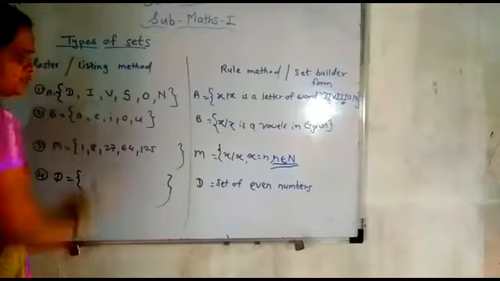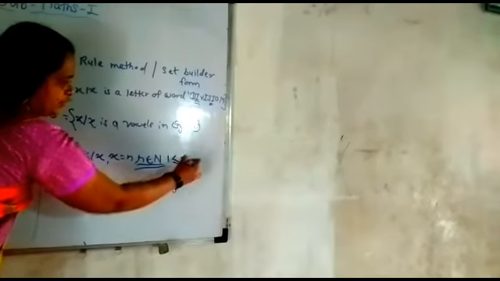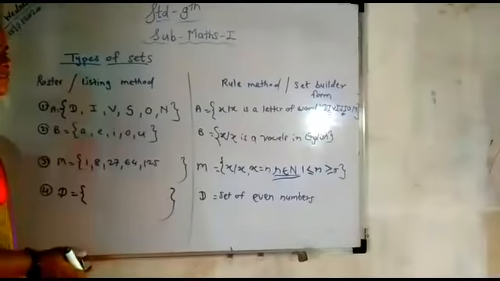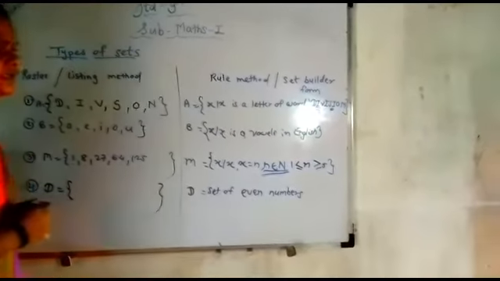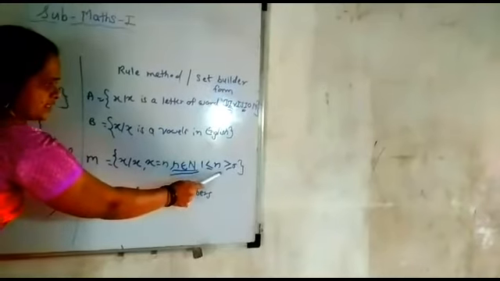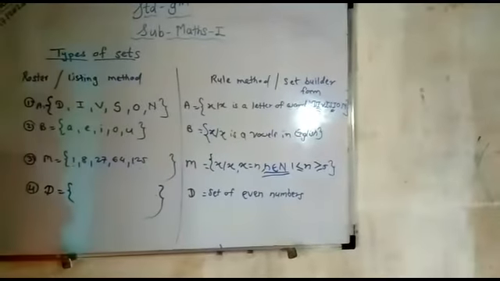And which numbers? 1 to 5, means n is greater than or equal to 1 and less than or equal to 5. जे नॅचरल नंबर्स आहेत ते 1 पेक्षा जास्त आहेत आणि 5 पेक्षा कमी आहेत. Therefore we can write n is greater than or equal to 1 and less than or equal to 5. In this type we can write this in rule method or set builder form.